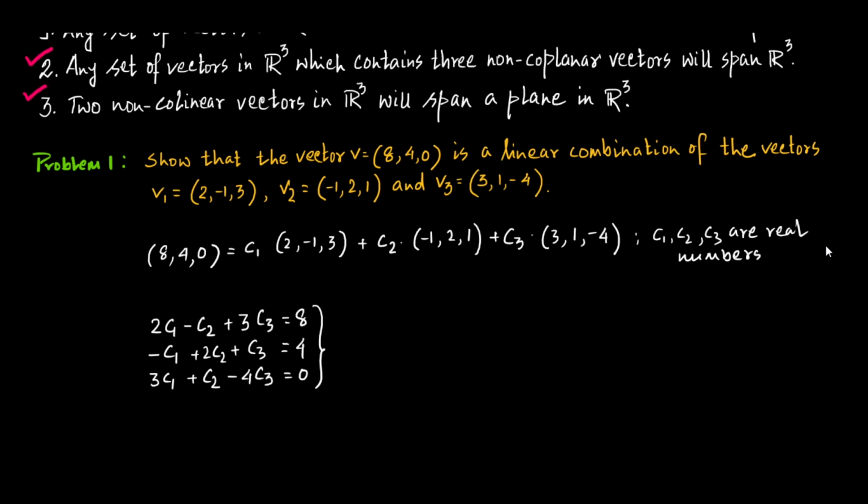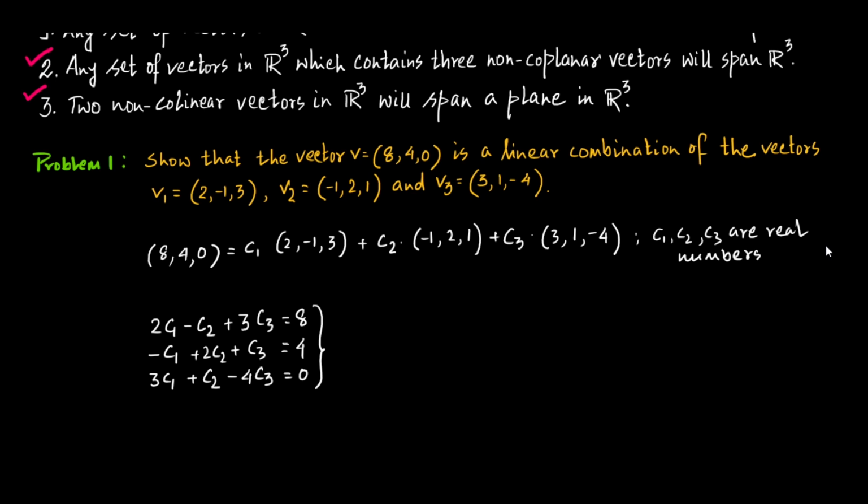Actually, in my previous video of this series, I have solved exactly this system using Gaussian elimination algorithm. If you're not familiar with Gaussian elimination algorithm, have a look at my previous video. The link is in the description below and you can see above as well. Since I have already solved it, I'll directly write the results.